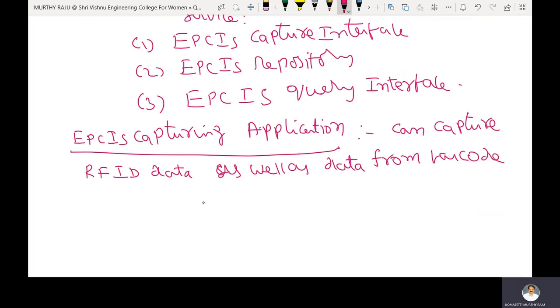Barcode requires line of sight communication or manual data entry. Such types of data are captured by EPCIS capturing applications.